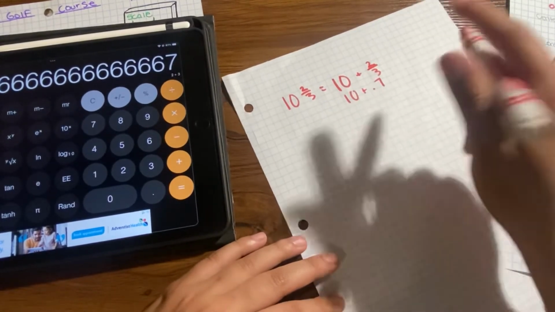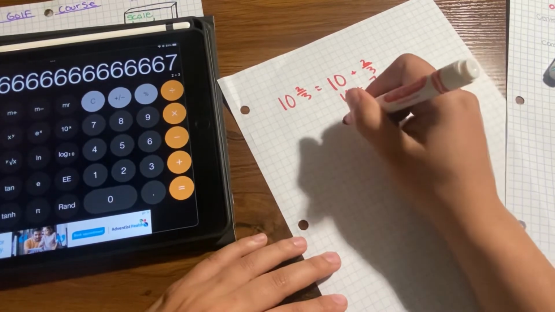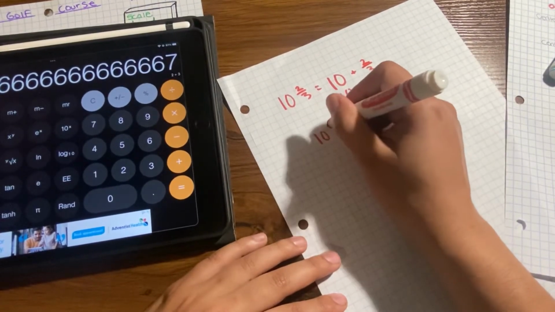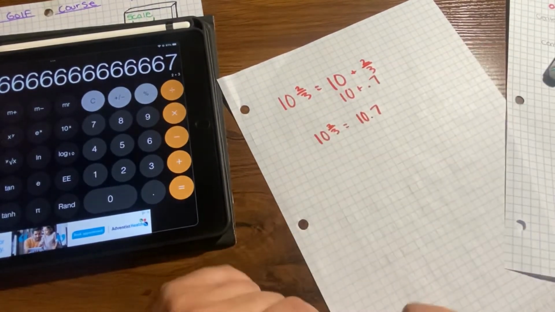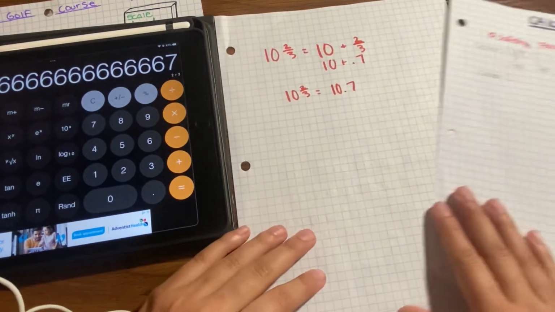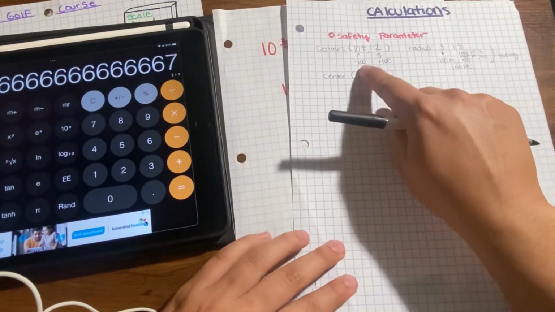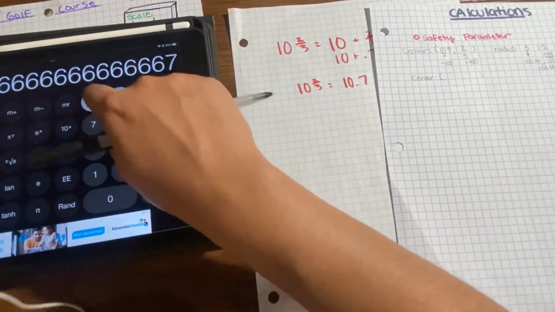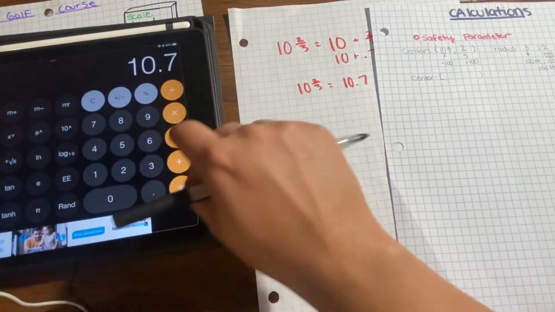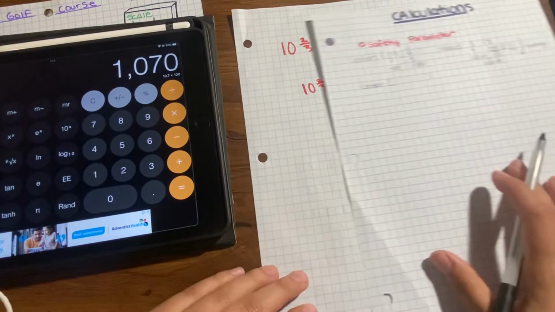So what's 10 plus 0.7? 10.7. And that's how you make any fraction into a decimal, okay? But let's recap. So I'm trying to multiply it by 100 because that's my scale. So I'm going to do 10.7 times 100.